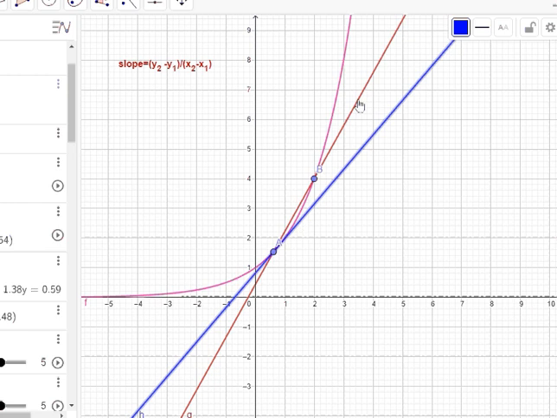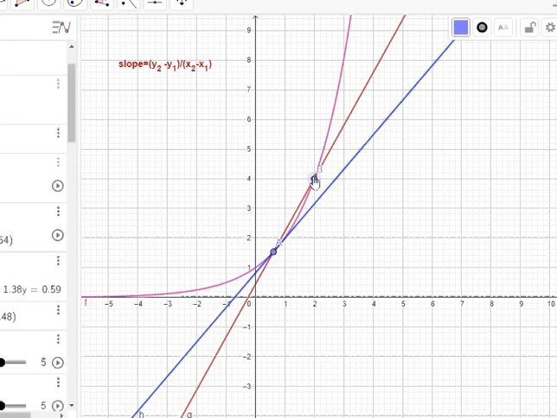This line passes through these 2 points A and B. So what I'm gonna do is to find the slope of the line AB, and I'm gonna estimate the slope of the tangent line passing through A by approaching B to A.